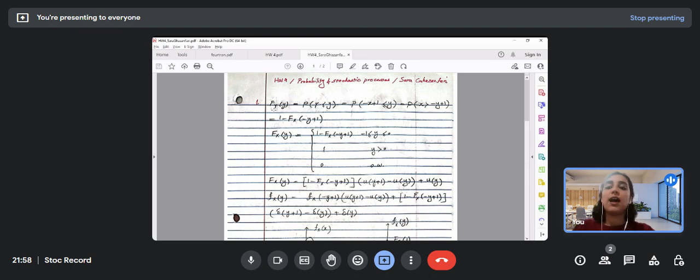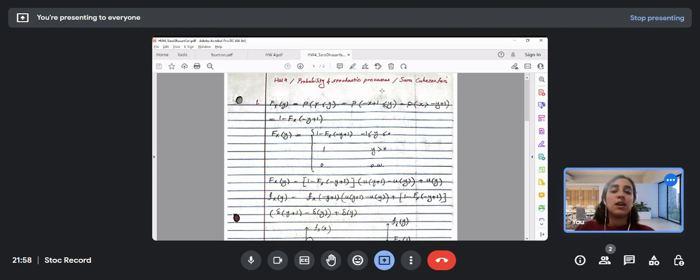As you can see, I have written the probability distribution function first, which is equal to the probability of random variable y being smaller than y, which here we can substitute y with minus x plus 1, which is the value of g of x in the range of 1 and 2.